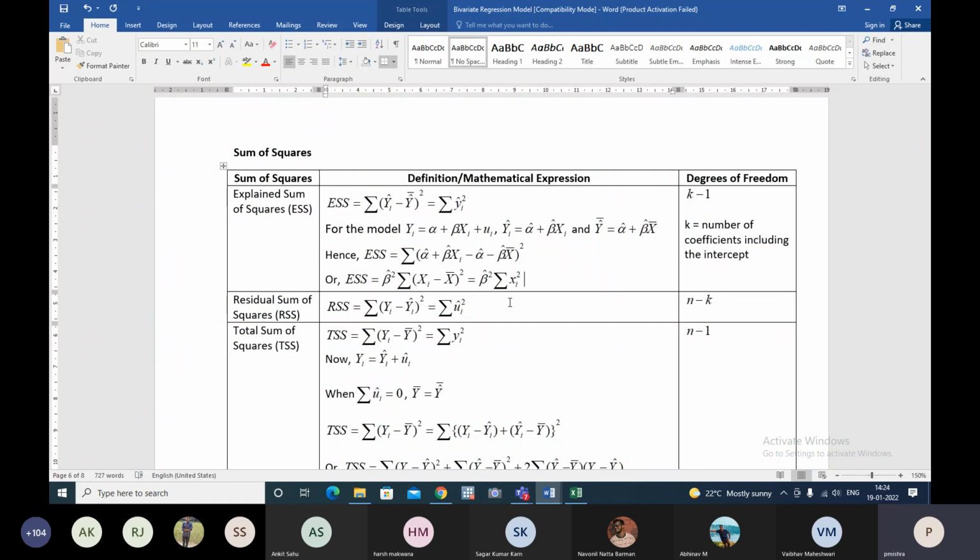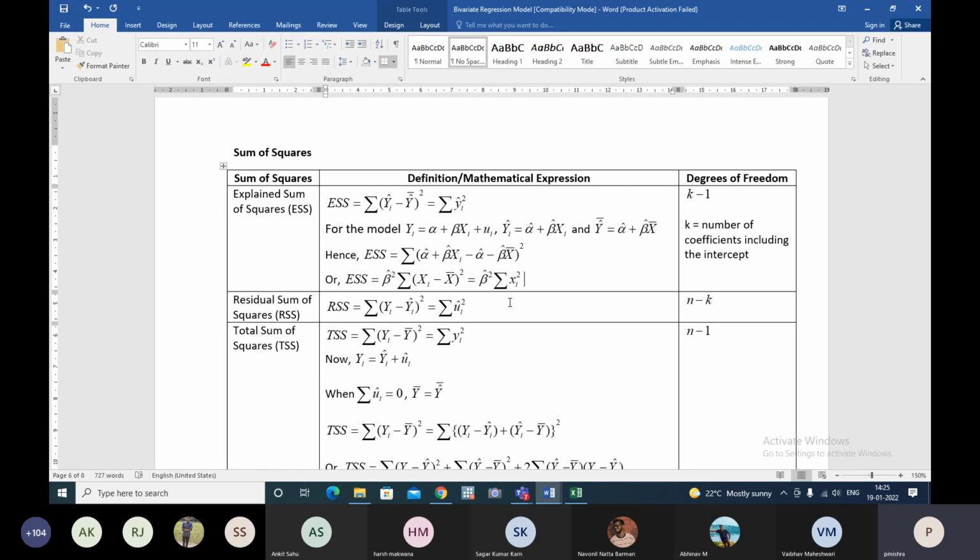In one of the classes, I discussed the importance of understanding this decomposition. And for that, we need to get back to the very basic idea behind regression analysis. Suppose I have a sample of 100 households.